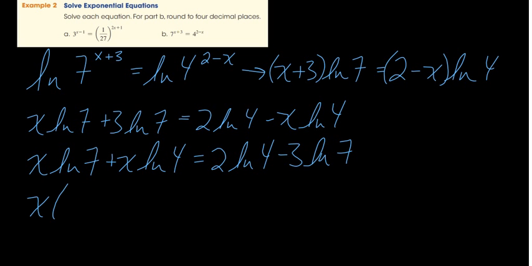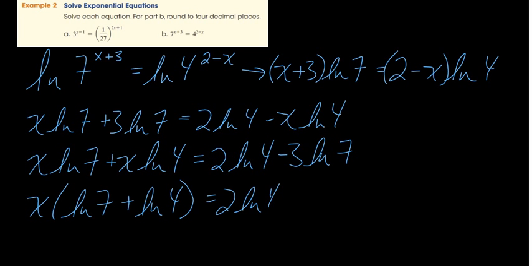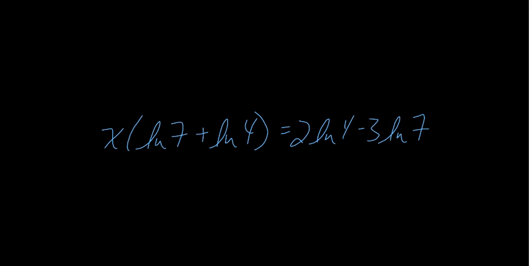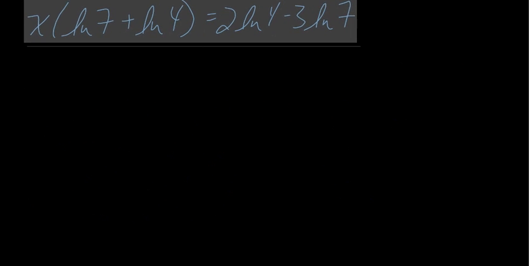So factoring x out, I have natural log of 7 plus the natural log of 4, equal to 2 natural log of 4 minus 3 natural log of 7. Okay, so the last thing I need to do now is fully isolate that x.